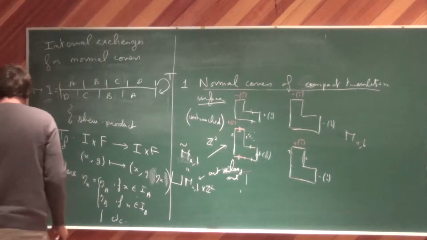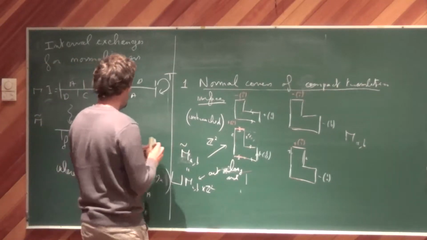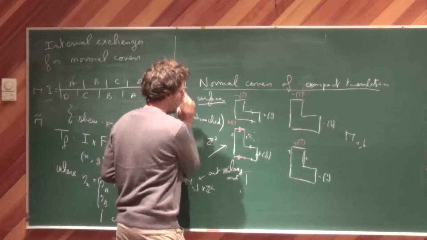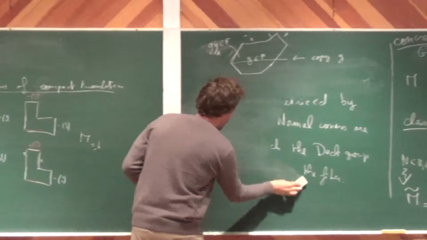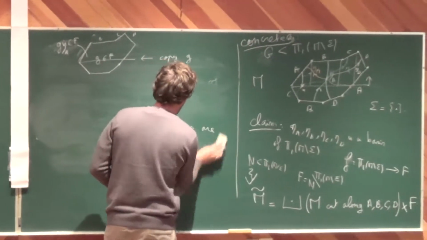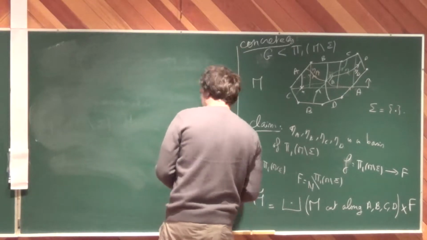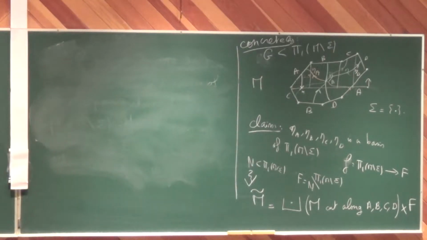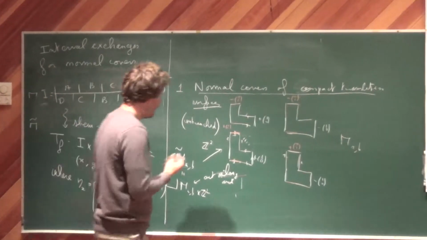So this is what we call a skew product. There is an F here and there's an η here.